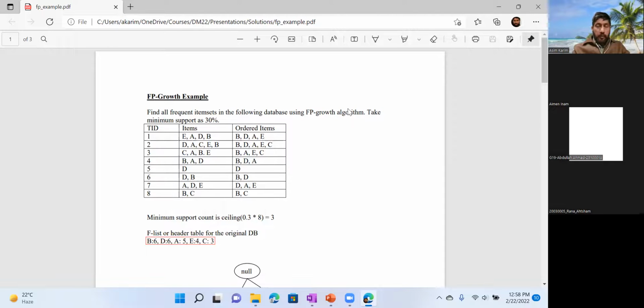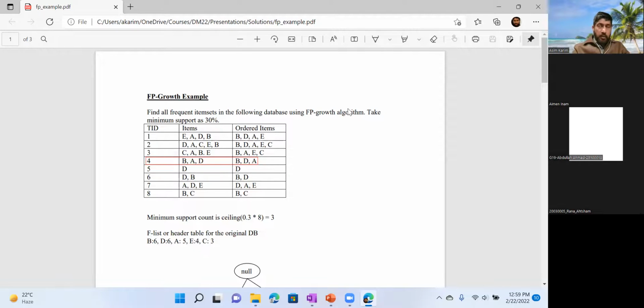So now this is done after the first scan. Using this F list, we compress this database, which is the database of item sets. Of course, for this F list, we have to order each item set according to this F list. So this order is shown in the rightmost column.